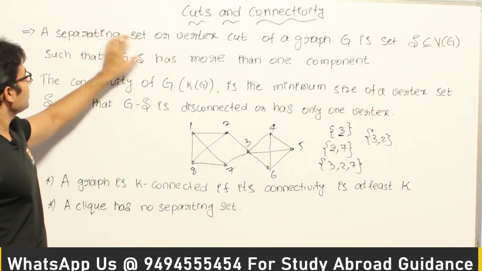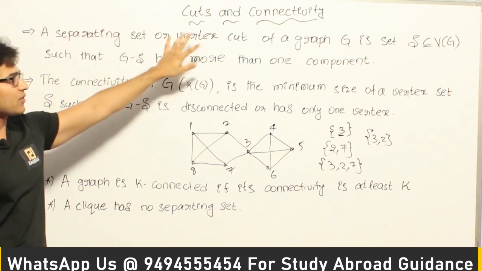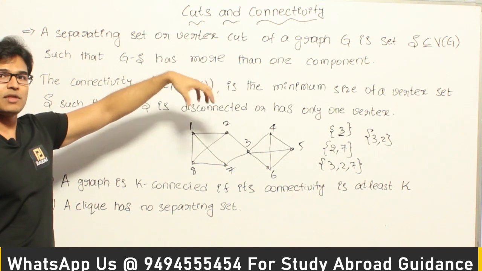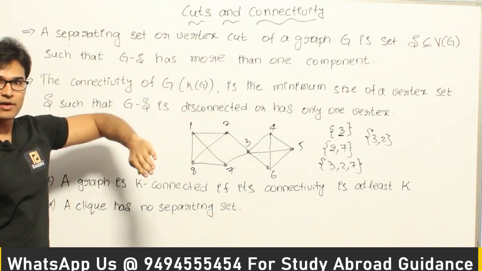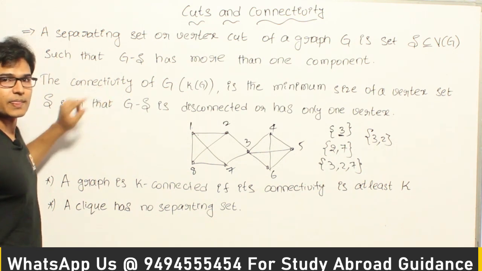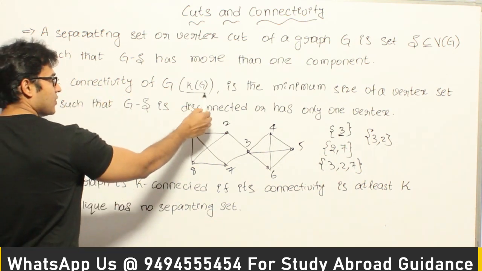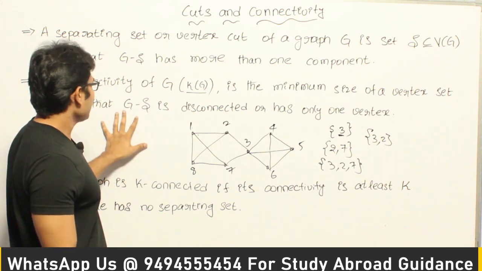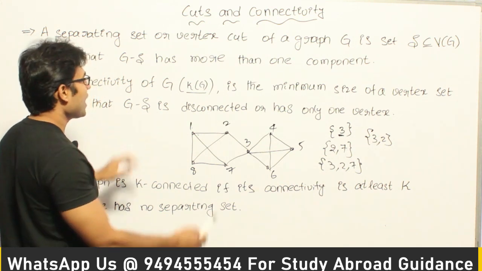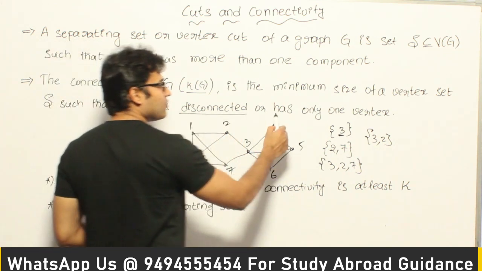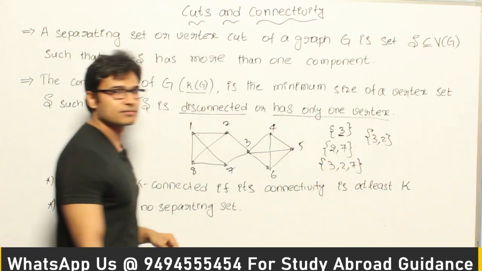When we are talking about the separating set or vertex cut, we always want to see more than one component in the resulting graph after deleting the vertices. Now coming to the connectivity, which is a number represented by kappa of G, it is a vertex cut which will either make the graph disconnected or leave one vertex.